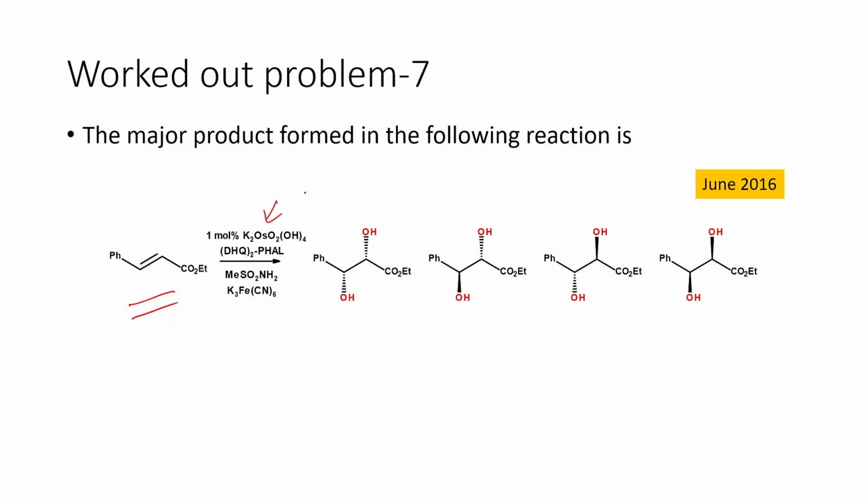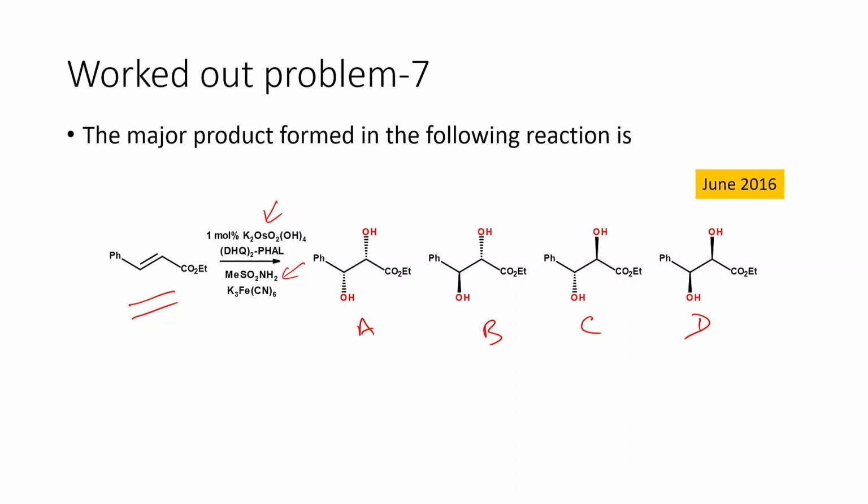This is treated with an osmium catalyst, 1 mole%, and dihydroquinine is the ligand that is used, and methanesulfonamide and potassium ferricyanide are the reagents that are used in this particular reaction. We end up with a product, and we have to identify what is the product that will be formed in this particular reaction.